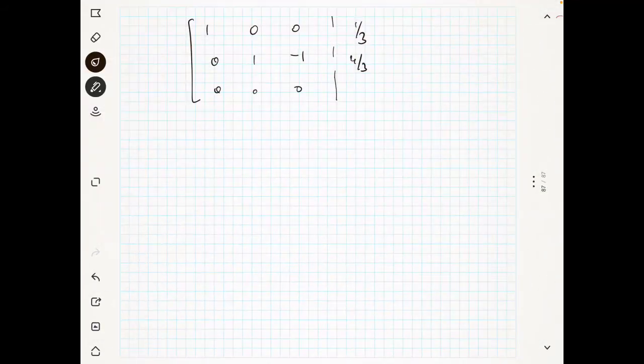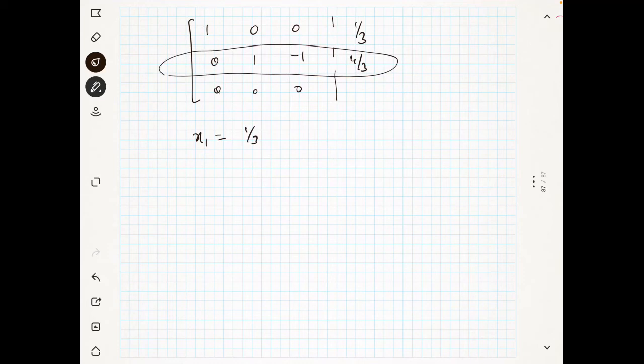So what is the value of x1? x1 is equal to 1 by 3. And what does the second equation tell us? The second equation tells us that x2 minus x3 is equal to 4 by 3, because if you write it in matrix form, you will get this. So what is your x2? x2 is equal to x3 plus 4 by 3.